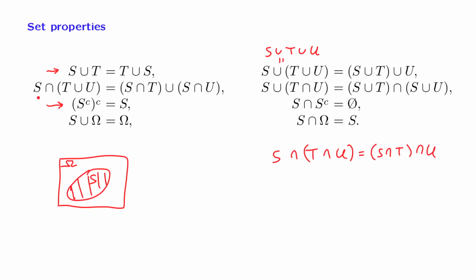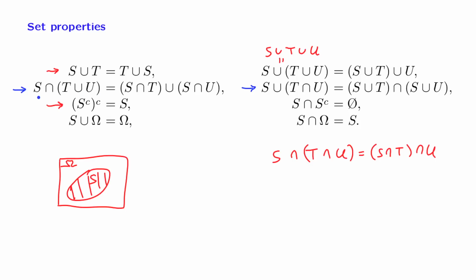Perhaps the more complicated properties out of this list are this one and this one, which are sort of a distributive property of intersections and unions, and I will let you convince yourselves that these are true. The way that you verify them is by proceeding logically.